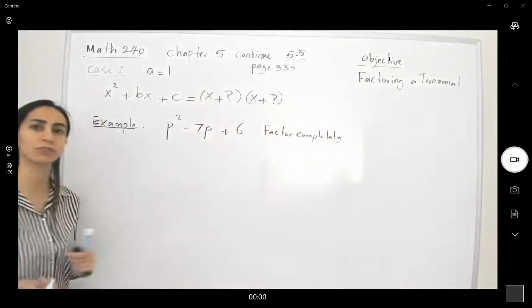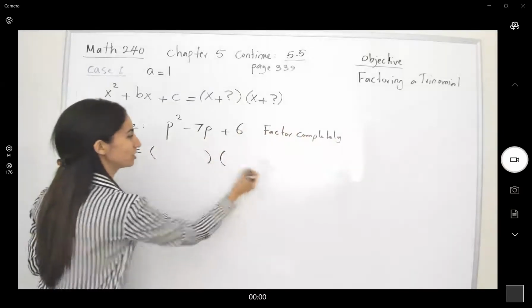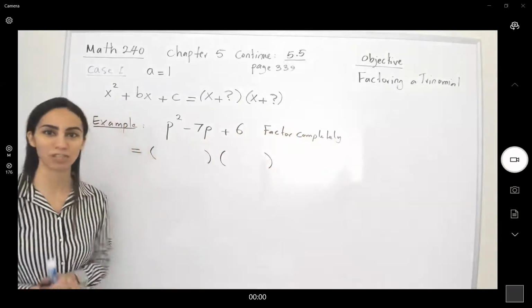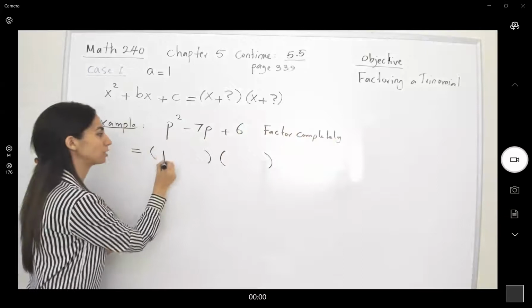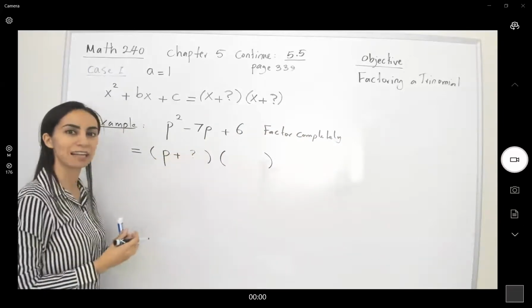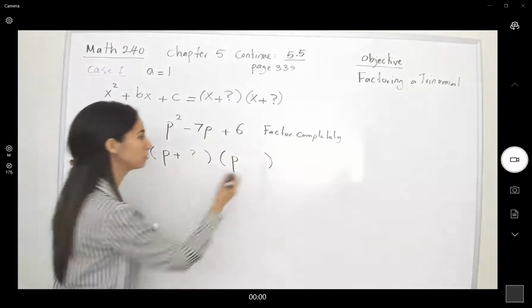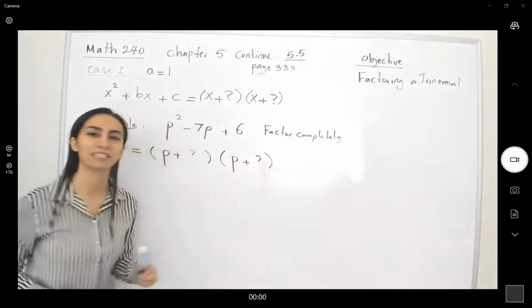Very well. How do we do that? First, we're going to write two linear expressions, and we're going to copy down our free variable, independent variable p, plus a missing value, p plus the second missing value.